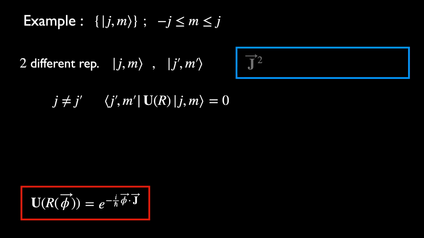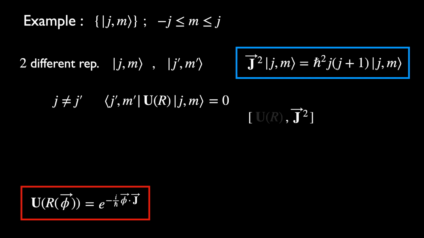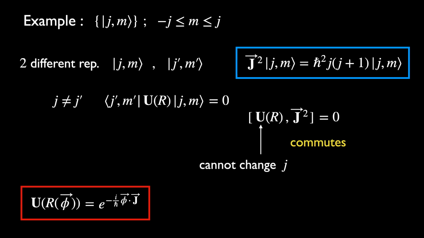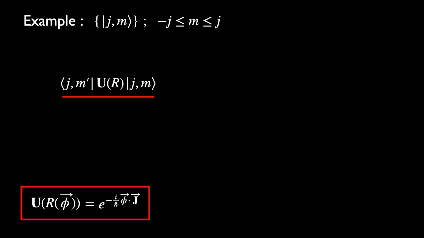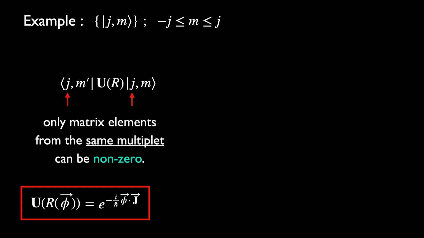This is apparent by the fact that the square of angular momentum, J squared, is invariant under rotations and commutes with U. Therefore, states with quantum number j cannot be rotated into states with a different quantum number j prime. So the only non-zero matrix elements of U can only be between two states from the same angular momentum multiplet. This means all the states from the same multiplet form a representation of rotation.